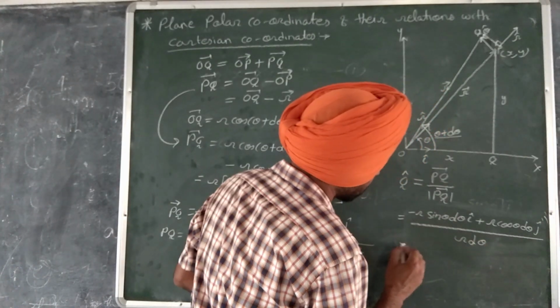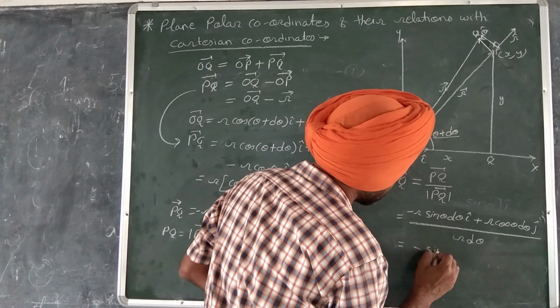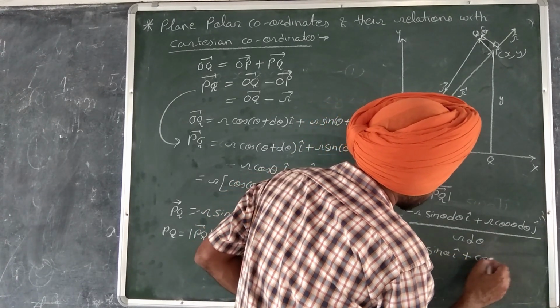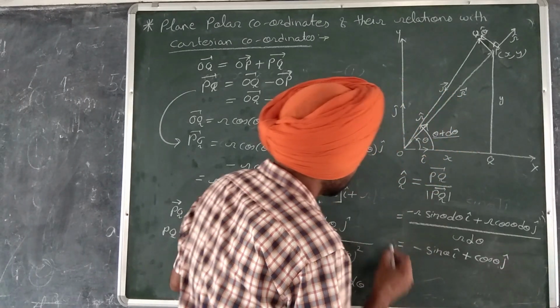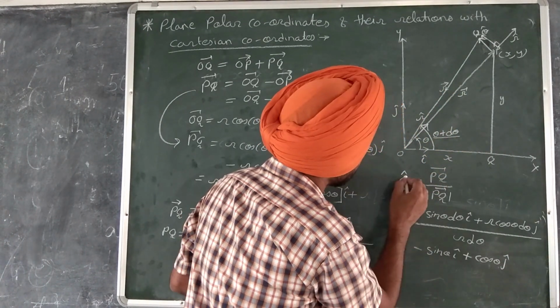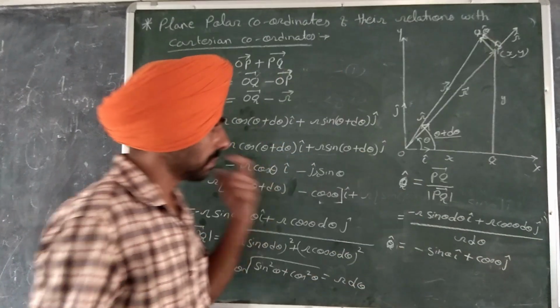So finally we get minus sin theta i cap plus cos theta j cap as the unit vector theta cap.